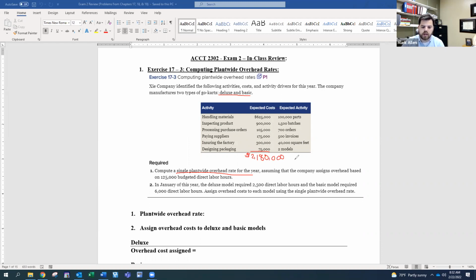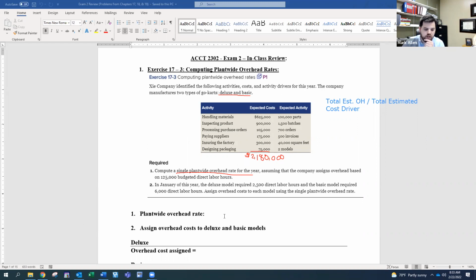Remember, whenever we're using a plant-wide overhead rate, our formula is going to be total estimated overhead divided by total estimated cost driver. In this case, we've got our overhead, the $2,180,000, and they say we're going to assume we assign this based on 125,000 budgeted direct labor hours.